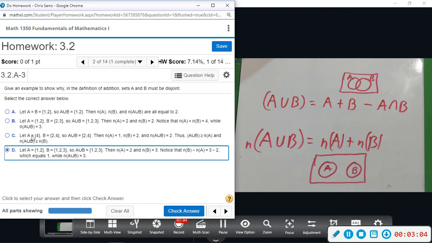Let me look at this. A, B, then A equals {1}, B equals {2}, A union B equals {1, 2}, thus the number of elements in A union B is greater than or equal to the number of elements in A, and in B. That appears to be true for this example.